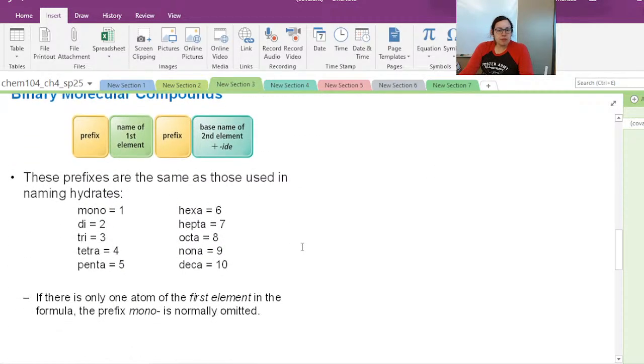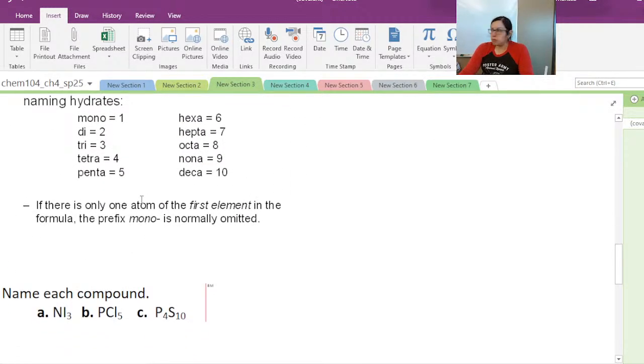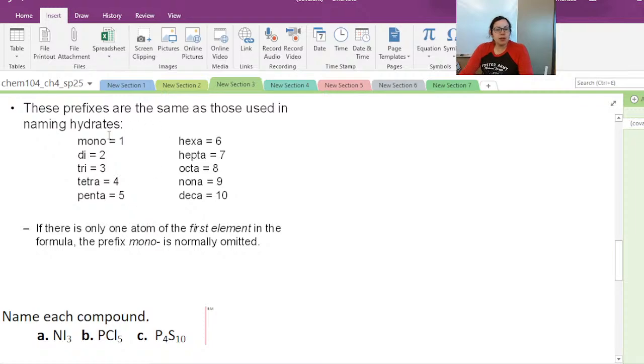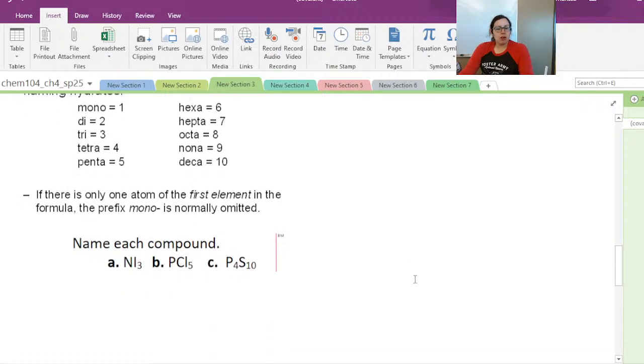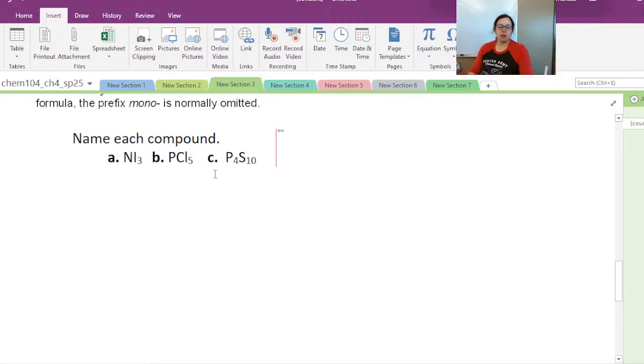So I think that's relatively simple. We just have to keep in mind our prefixes, which should be somewhat familiar. All right, so look at these for practice. Take a few minutes and come up with the names, and then we'll go over them.